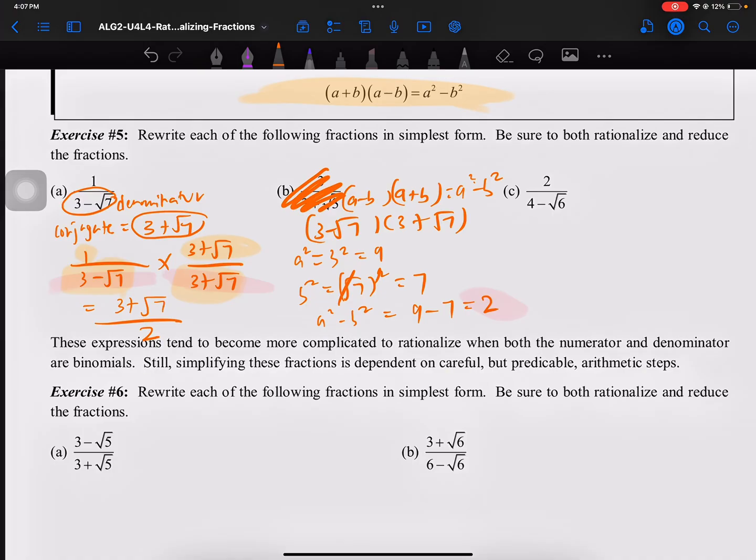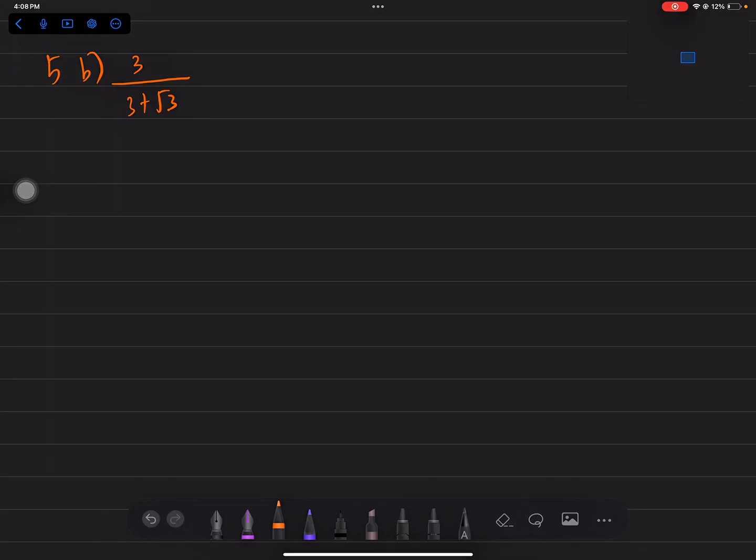Okay, now we go to B. In B, the denominator is 3 plus root 3. The conjugate of the denominator is 3 minus root 3.